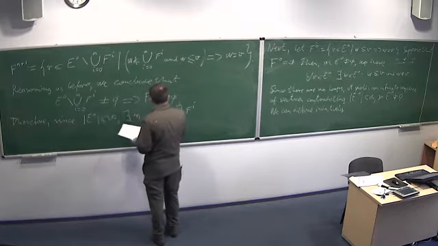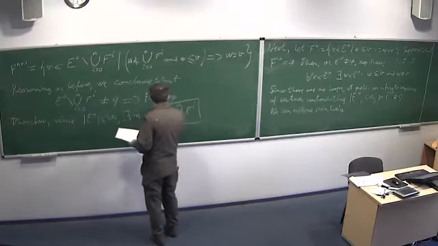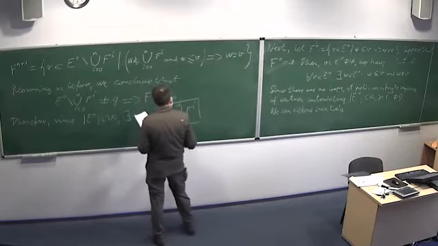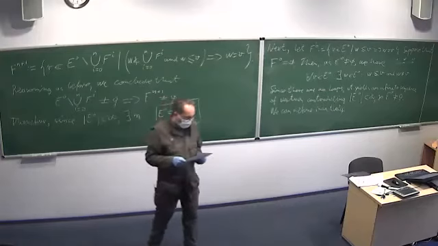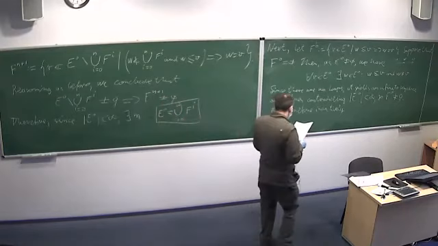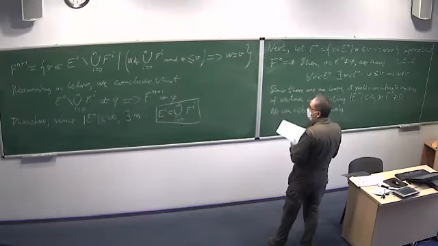Okay? And this is exactly what we wanted to achieve. That's the first, well, this is the second part of the proof. We have one more to go. I hope everything is clear up to now.